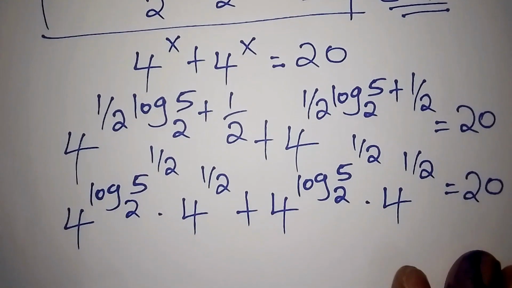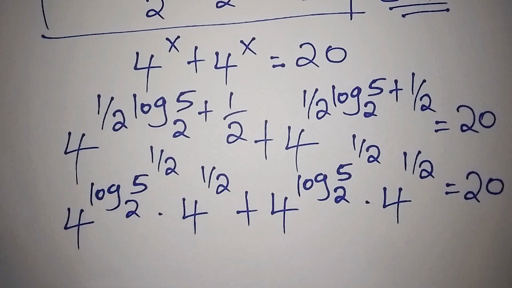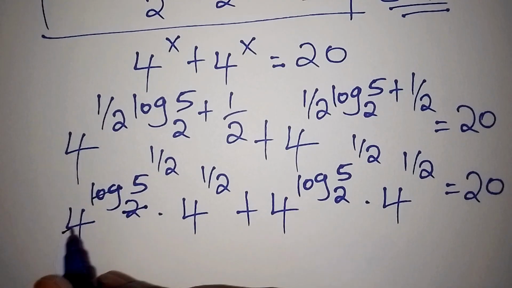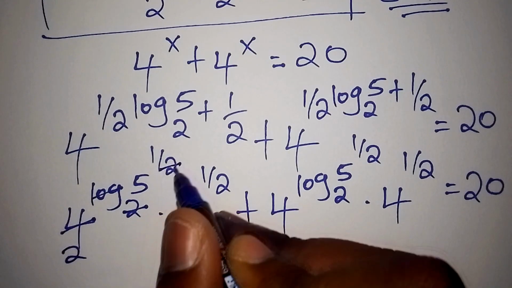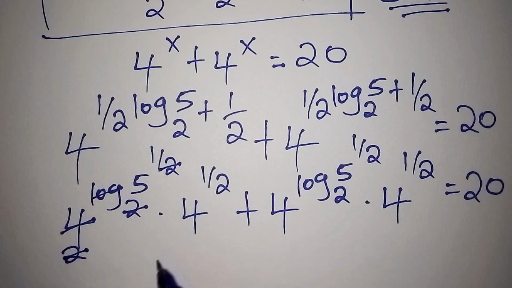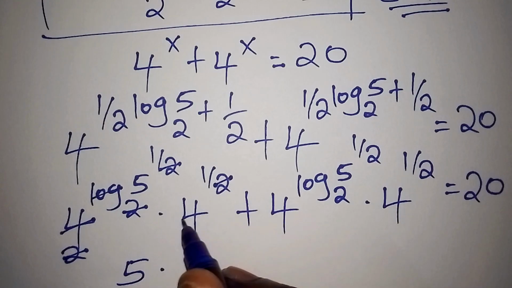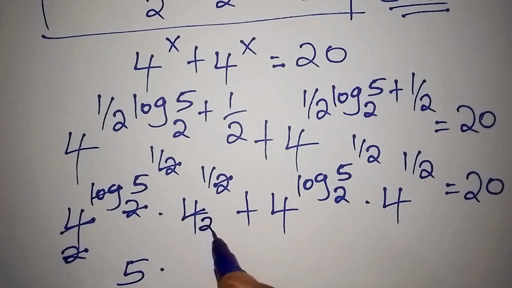Next, the log to the base of 2 shall cancel this 2, so the 2 by 2 shall cancel and we remain with 5, multiplied by 2 to the power of 2 here, which shall remain with 2.